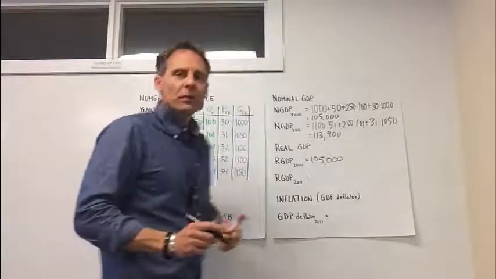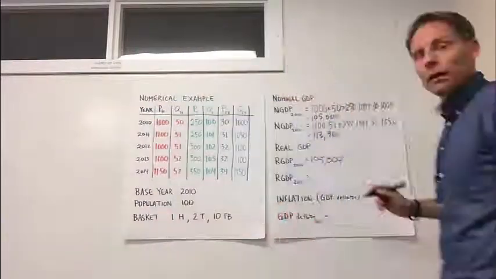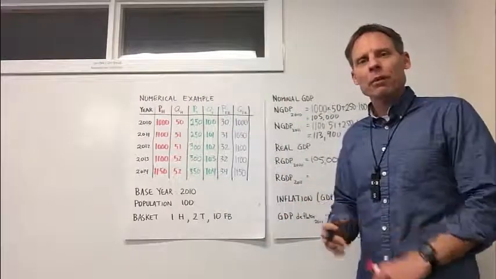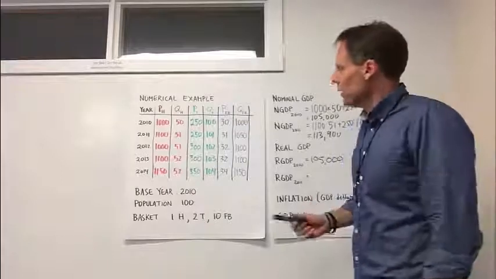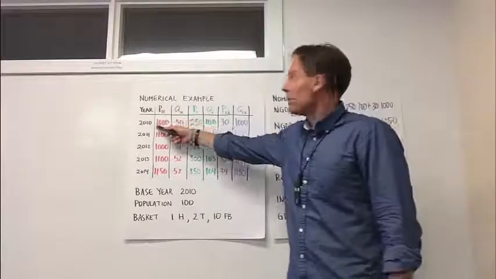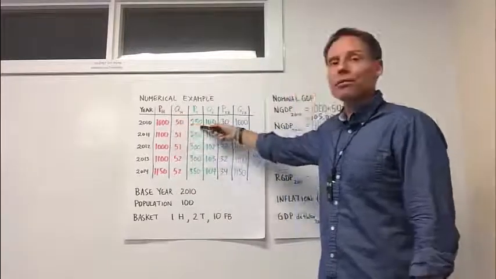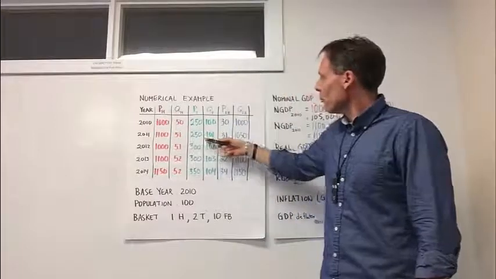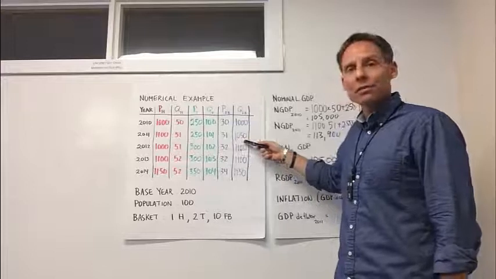However, when we calculate real GDP, we have to be more careful. Now we must use the price from the base year, but the quantities from the current year. So the prices from the base year are 1,000, 250, and 30, but the quantities will be 51, 101, and 1,050.